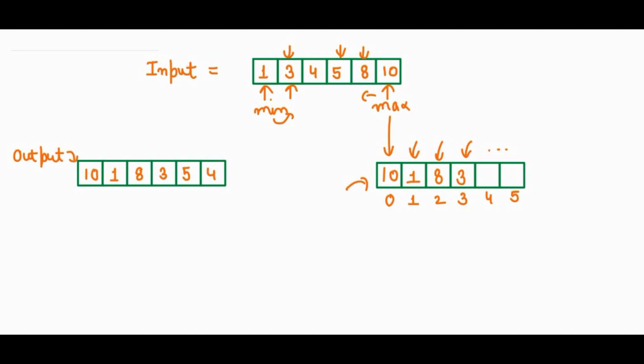Now we want the next max element. Our max pointer is pointing to 5, so we will put 5 here. Same way, we have increased our min pointer in the previous iteration, so our min pointer is pointing to 4. So we will put 4 at the end. This way our array is complete, which is the same as the output that we needed.